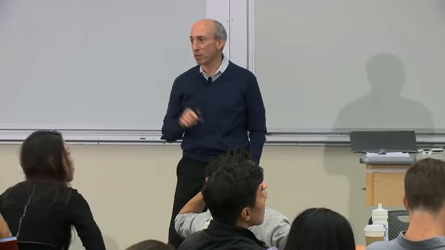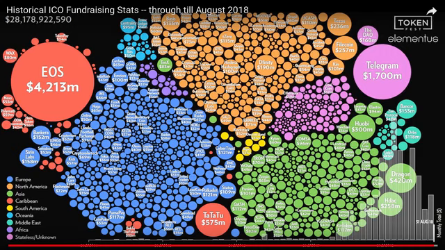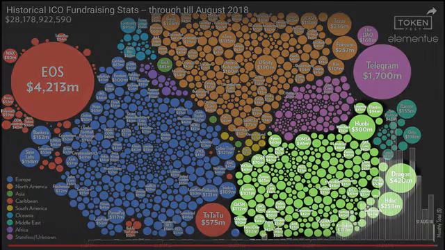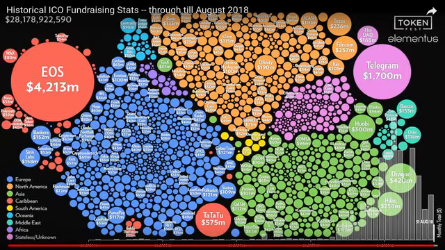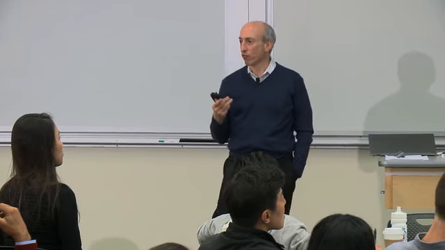You can watch it in a minute and a half. Over the years it's geographically dispersed, with blue being Oceania, Australia, and so forth, green being Asia, North America being orange. The biggest ones: EOS raised $4.2 billion, Telegram $1.7 billion, and the like. These are not small figures.